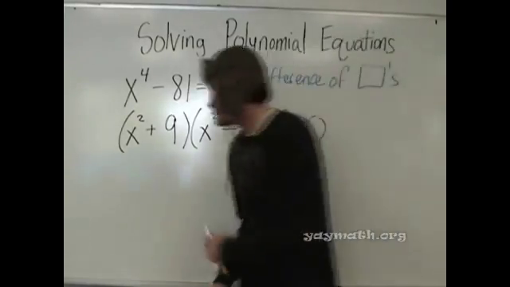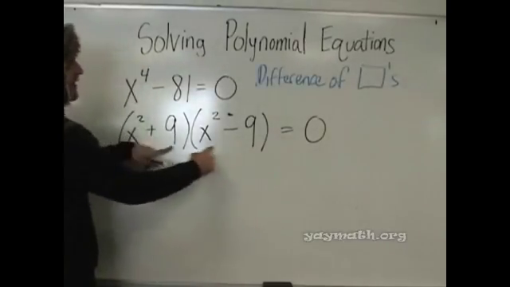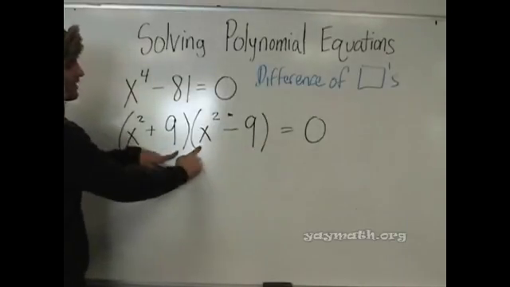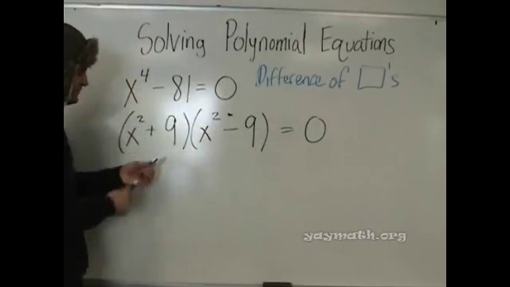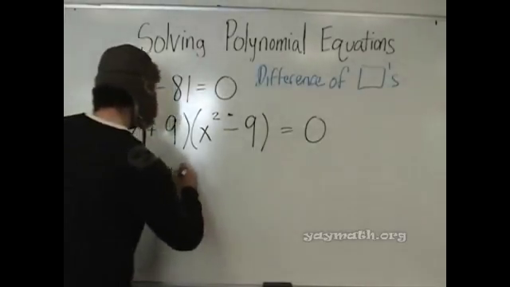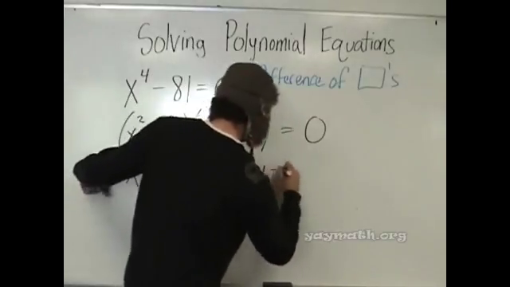So then you'll have x to the 4th minus 9x squared plus 9x squared minus 81 equals 0.